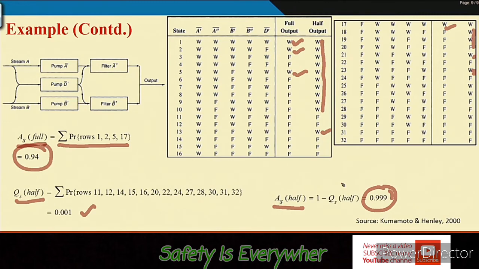So this is the use of truth table. When you are not able to develop a series, parallel or combination, so the simple formula you are not able to use, mathematically it is a little cumbersome, so it is better to go for truth table, and truth table means find out all combinations. But if you have plenty of components, then it is again very difficult, because you have seen if there are 10 components in the system, then 2 to the power 10 is 1024, this many combinations will be there.